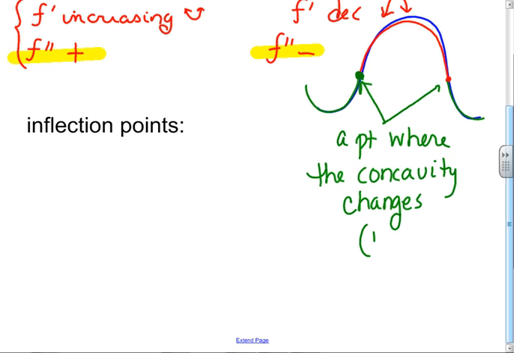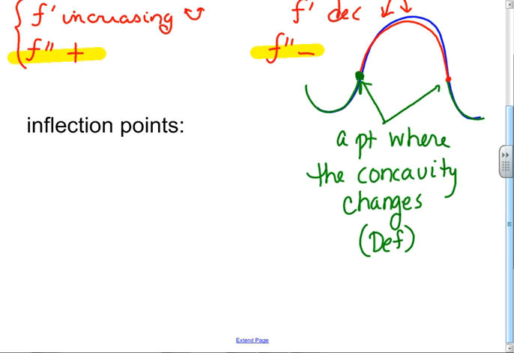That's a definition of what an inflection point is. So if they ask you on the exam to find the inflection points and justify your response, you can't say the concavity changes. That's what an inflection point is. That's not proof. What would happen to your second derivative here?